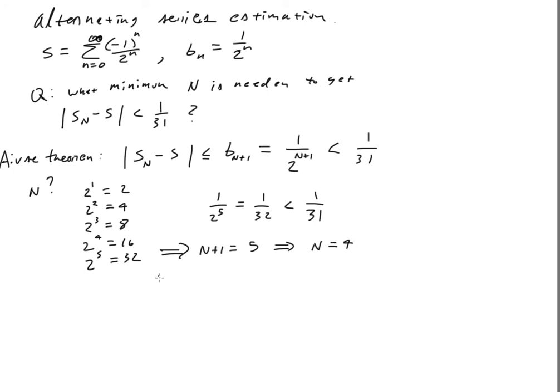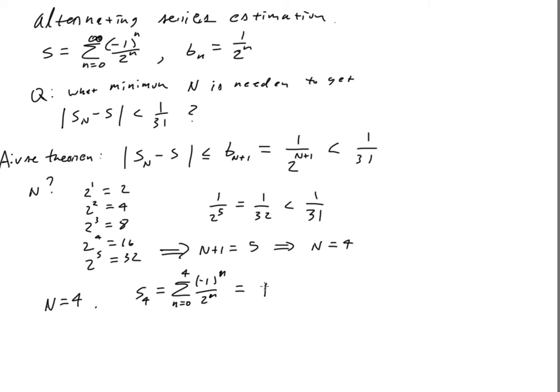All right, so let's recap. N needs to be 4 to get within that certain level of accuracy. So S4 is going to be equal to this, the sum where little n starts at 0, of -1 to the n all over 2 to the n. Let's just go ahead and compute it.